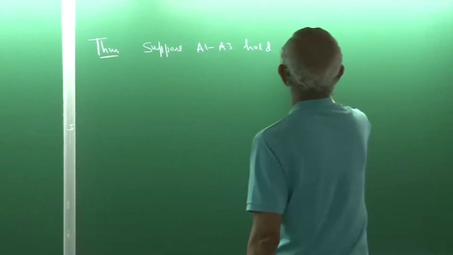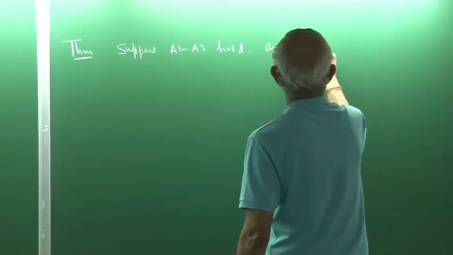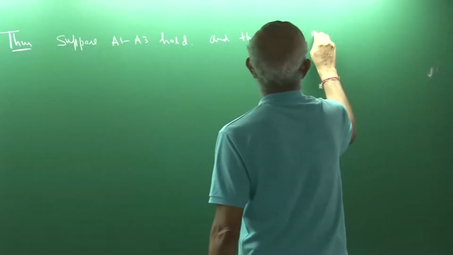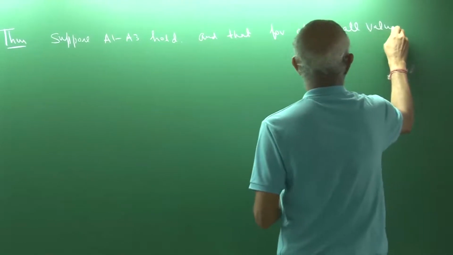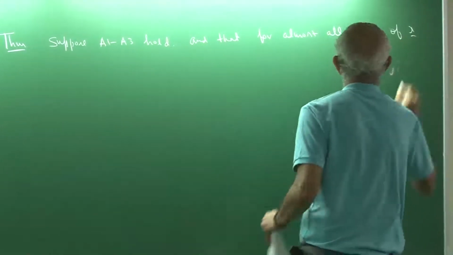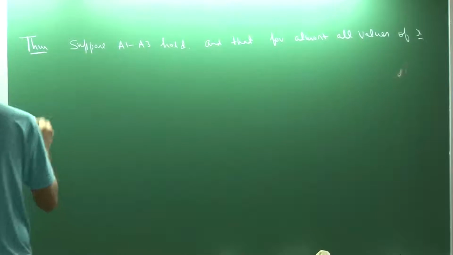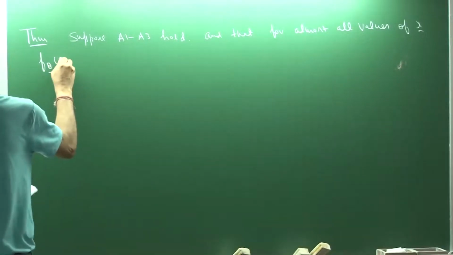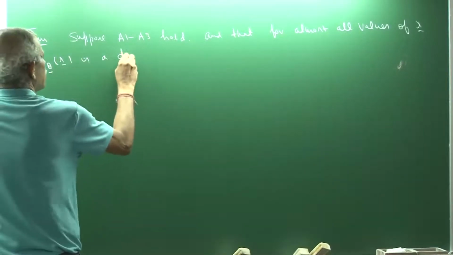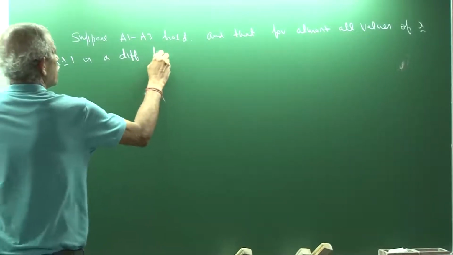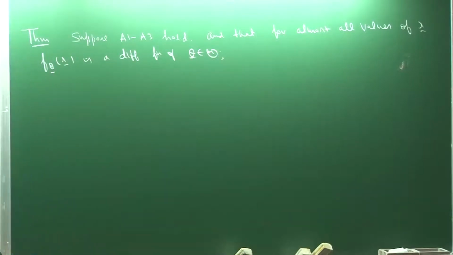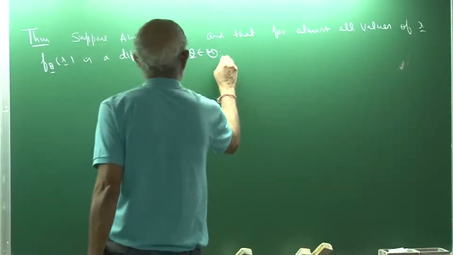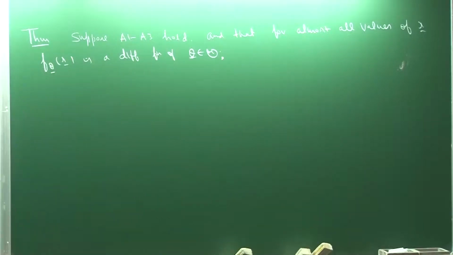And that for almost all values of x, f theta x is a differentiable function of theta. Actually what you need is that the partial derivative of f theta x exists.